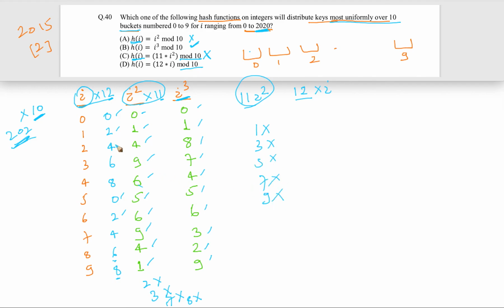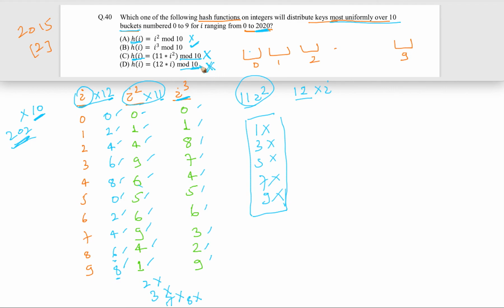Here only even numbers are there at the unit digit, and all the odd numbers are missing, which means only 5 of the buckets will be filled, and the other 5 buckets will be completely empty for something like 12i mod 10. So this is also definitely a very bad hash function.